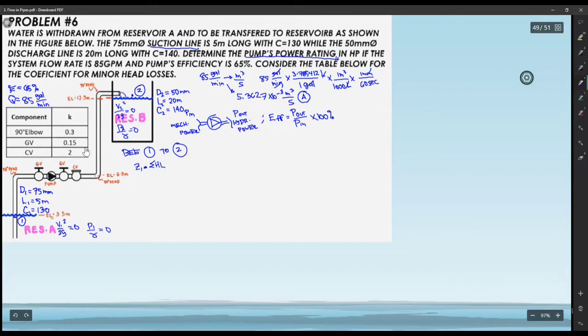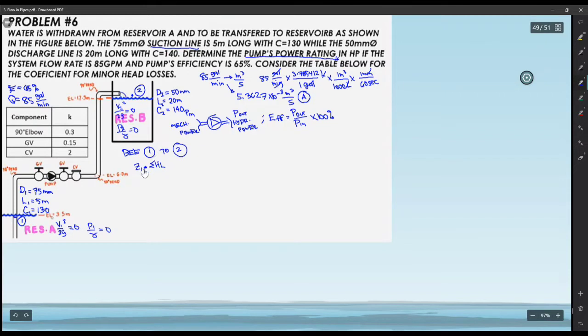Here, they provided the table of values for our factor K, or constant K. As you can see in the figure, we have three bends where the K is equal to 0.3. We also have two gate valves, located before and after the pump, with K equal to 0.15. And we have one check valve, with a value of 2. We are lucky that the values of K were given. Again, the values are not limited to these. I gave you the formulas just in case they are not provided, so you need to find the values of K first using those formulas.